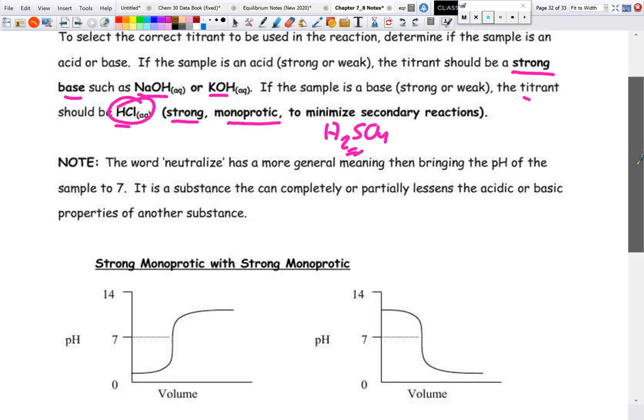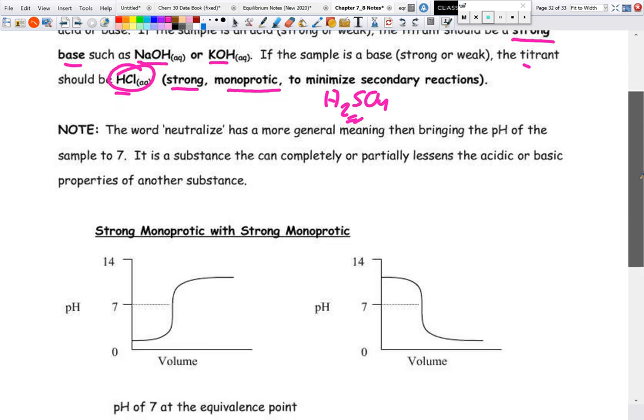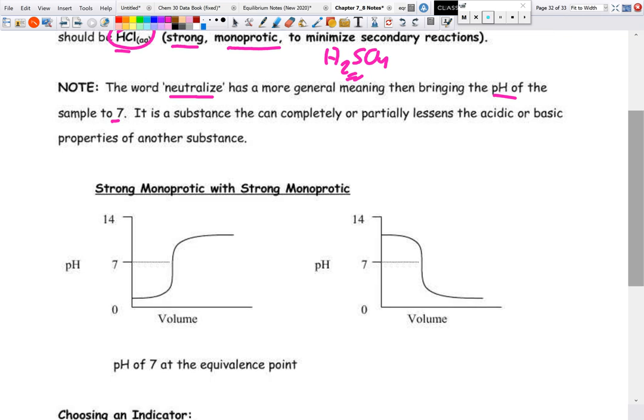Now, how a titration curve will look. When we're talking about these reactions, neutralized generally means bringing the pH closer to 7. That's it. So how these curves actually look: when we look at a general acid-base titration, we have pH and volume here.